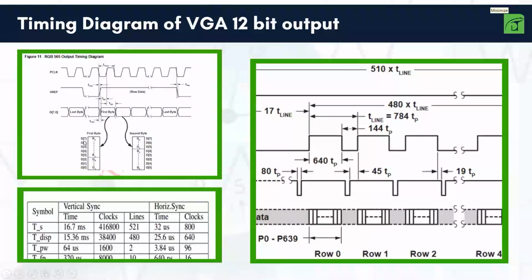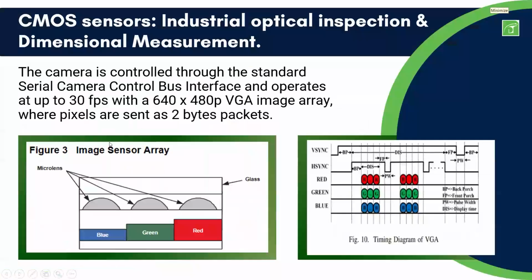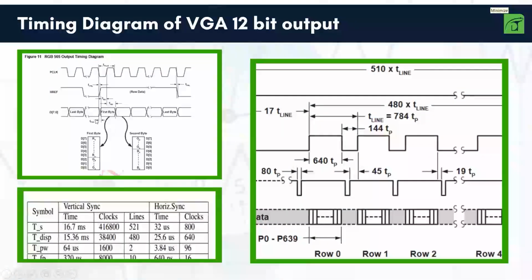The first byte, like I showed in this output format, is where pixels are sent as 2-byte packets. In these 2-byte packets, the first byte will contain only the red component and green component, and my second byte will contain the green component and the blue component, based on this array vector.